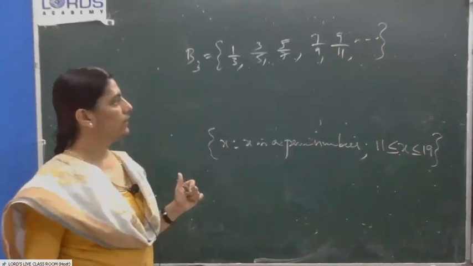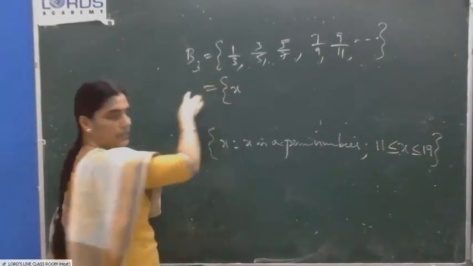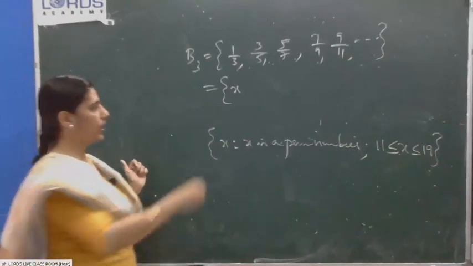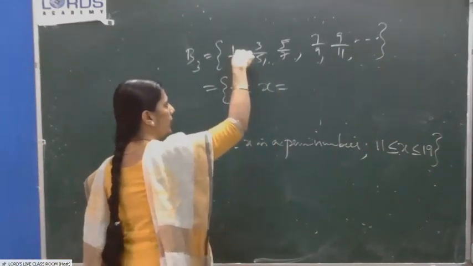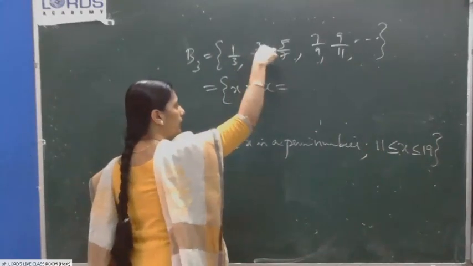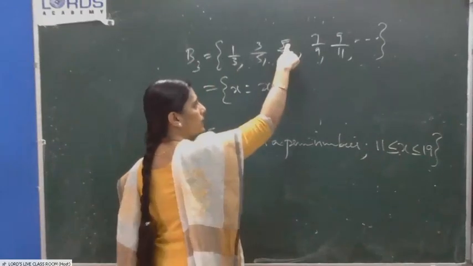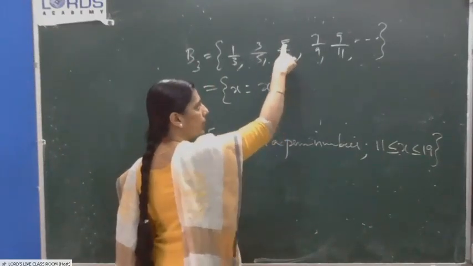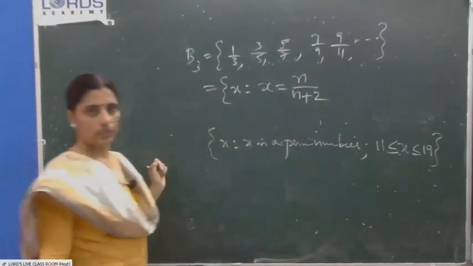Okay. Now, x such that x is equal to... see, the denominator is numerator plus 2. Numerator 3, then plus 2, not plus 1. If the numerator is 5, it is 5 plus 2. So n by n plus 2.